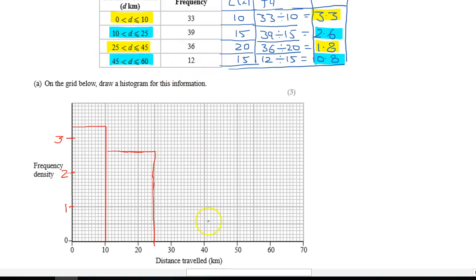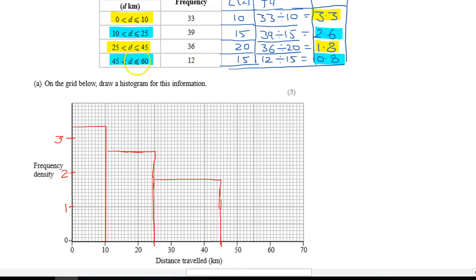Next is 25 to 45. 41, 2, 3, 4, 5. This is 45. 1.8. This is 2. So this is 1.8.